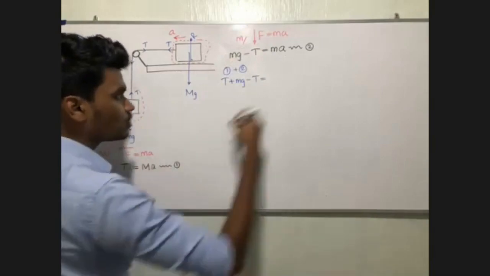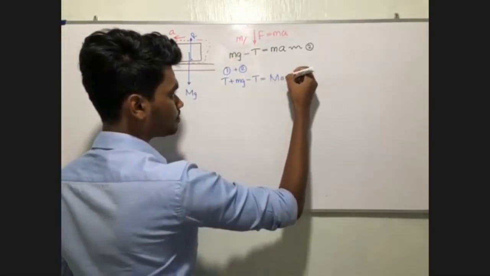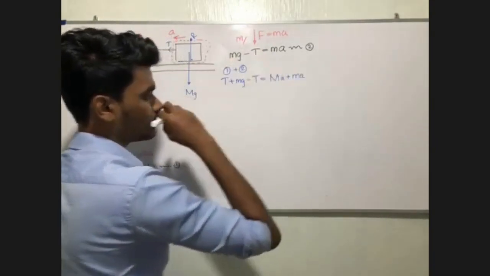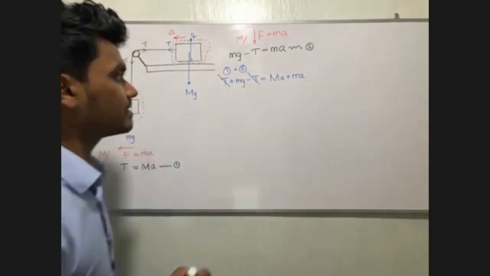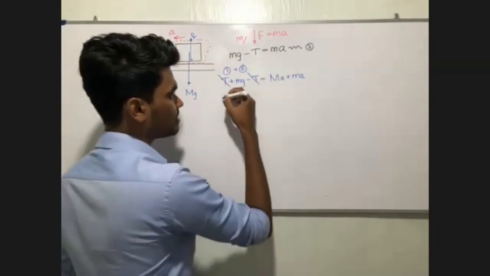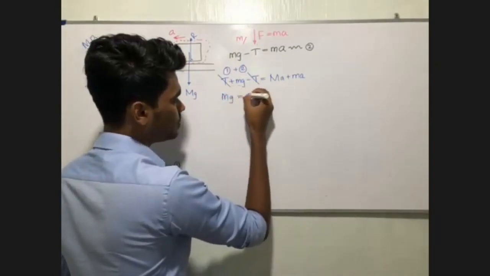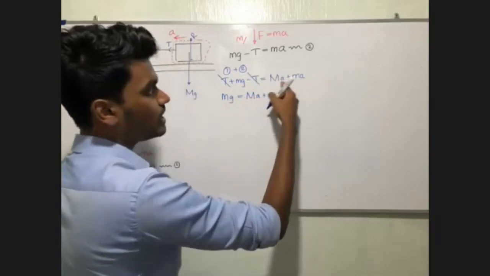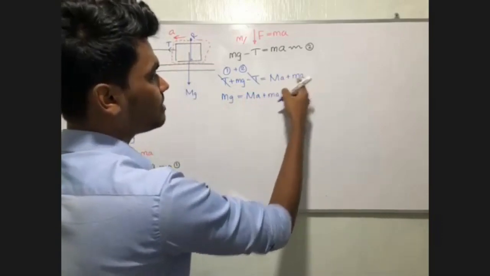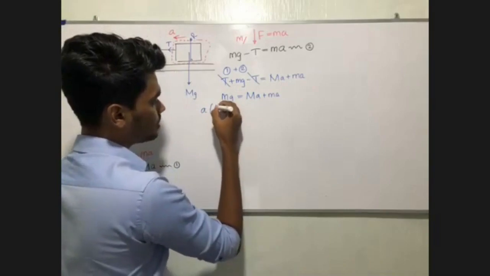Right-hand side should also be added: capital M a plus simple m a, right? T2 minus T cancels out. So Mg is equal to Ma plus simple m a. We need to find a. Let us take a out.